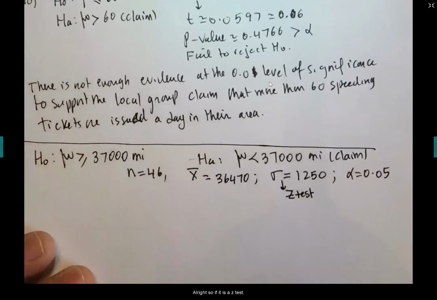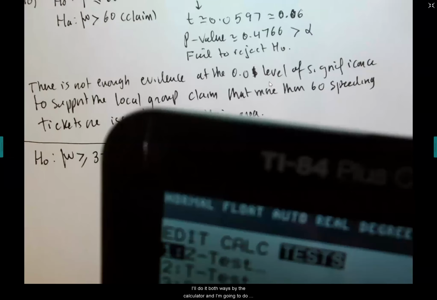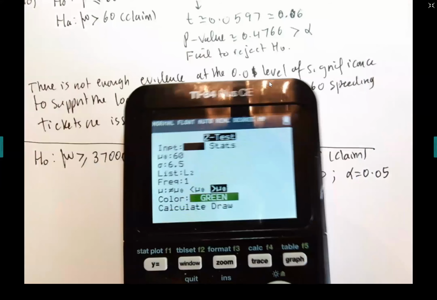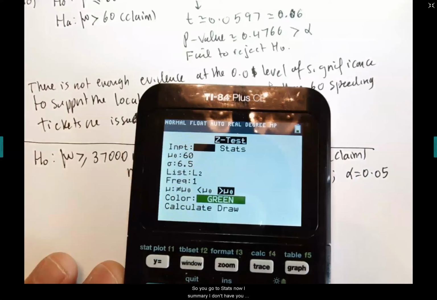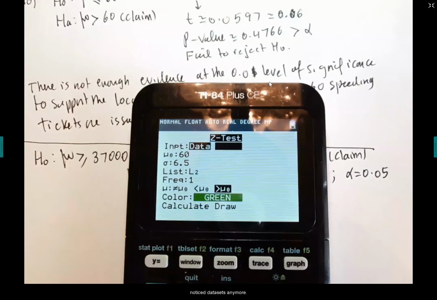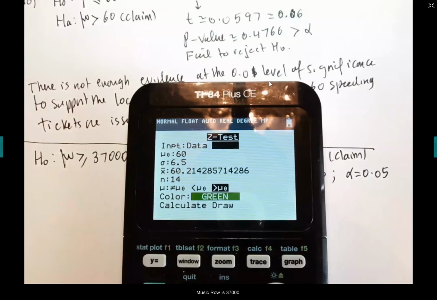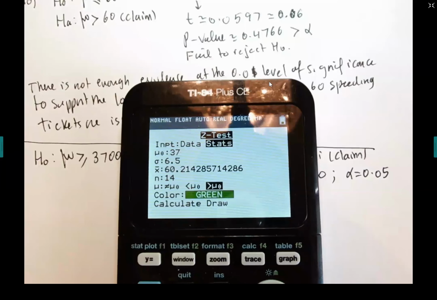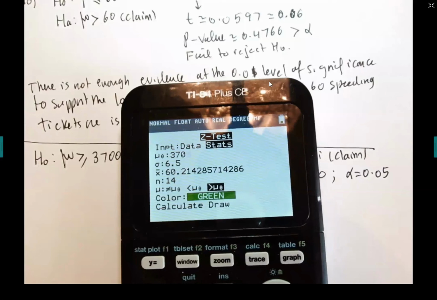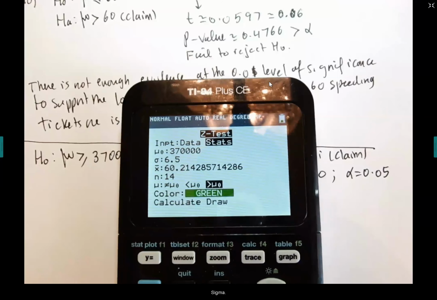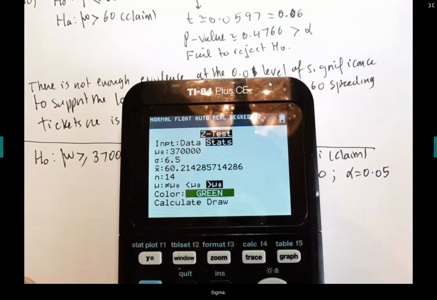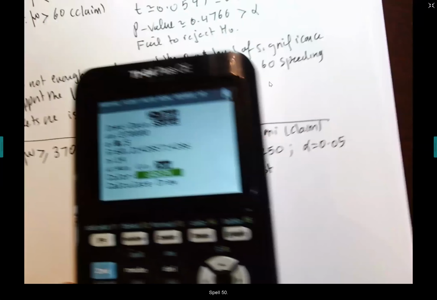All right, so if it is a Z test, let's run a Z test. I'll do it both ways, by the calculator, and I'm going to do critical values in a second. So you go to stats. Now a summary, I don't have just data sets anymore. Mu0 is 37,000. Sigma is, what was sigma? 1250.